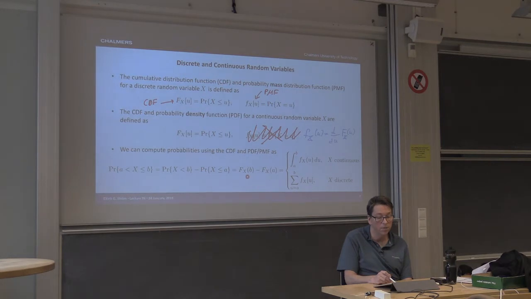So we take the CDF at b and subtract off the CDF at a, when b is the upper limit of the interval and a is the lower limit of the interval. And if x is continuous, then we can find that by integration of the PDF from a to b. And if x is discrete, we find that by just summing the values between a and b of the PMF.